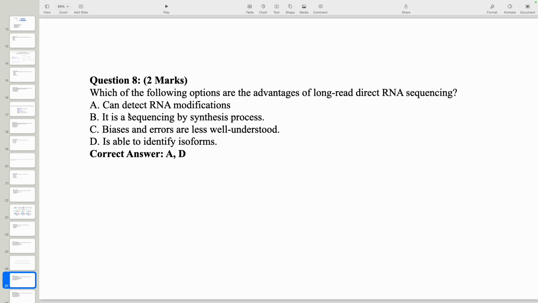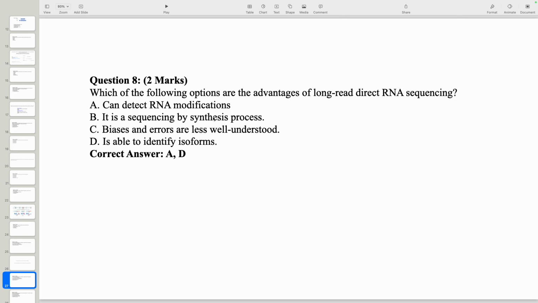So we can detect RNA modification, because if any epigenetic modification has happened on the RNA, we will get a different current signal.